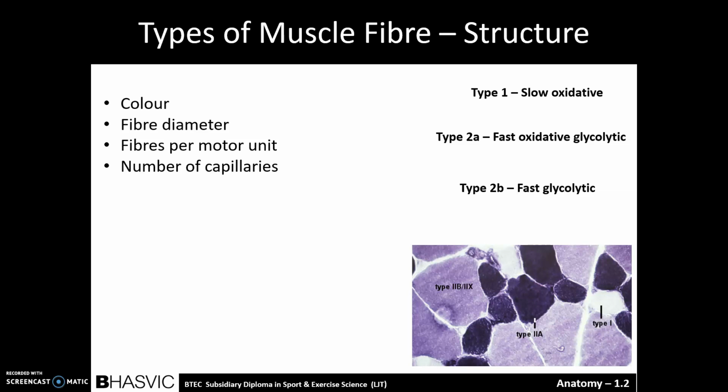But yeah, so the fast oxidative glycolytic muscle fiber, where obviously it still works aerobically, so still has a high amount of capillaries, but obviously much less than the slow oxidative, as it's much larger and doesn't rely on aerobic respiration as much, as it can also work anaerobically.